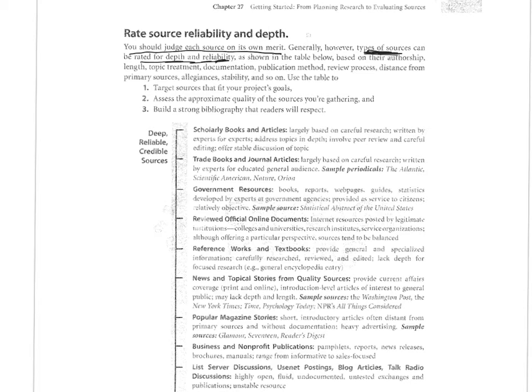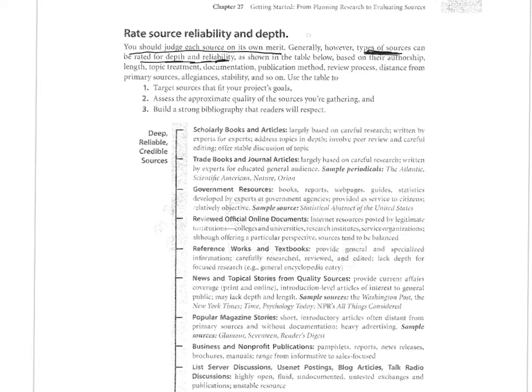So I'm going to take us through this. It's kind of like a framework that I have in my mind when I look at sources. And I think a lot of people in academia have the same type of way of thinking of things.